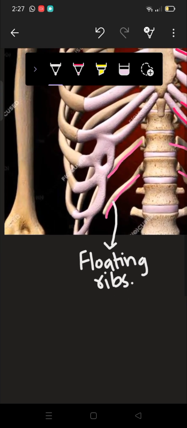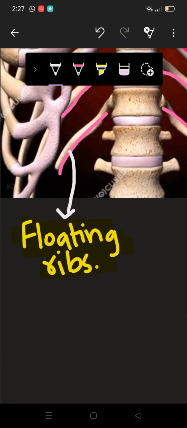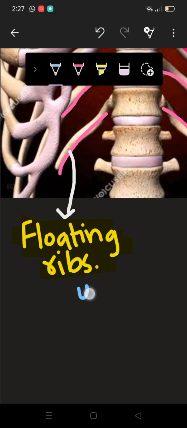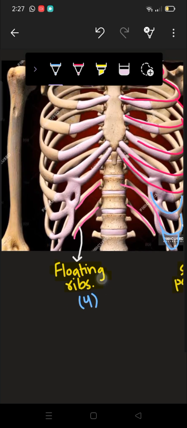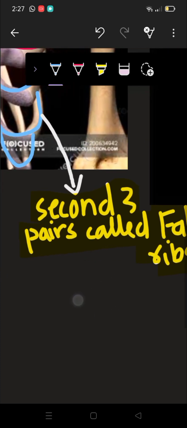Let me mark this as well. As we have two pairs of floating ribs, it gives us 4 ribs. So 4 bones are present in the floating ribs.